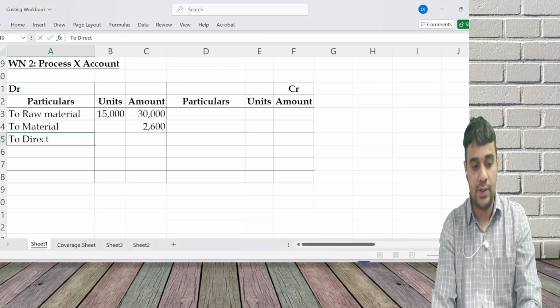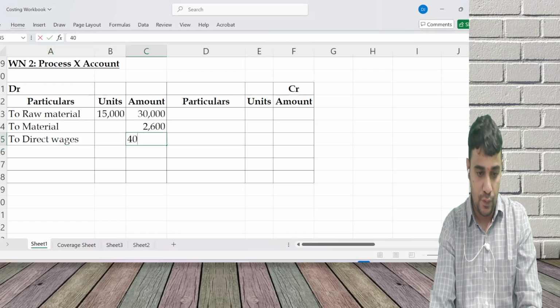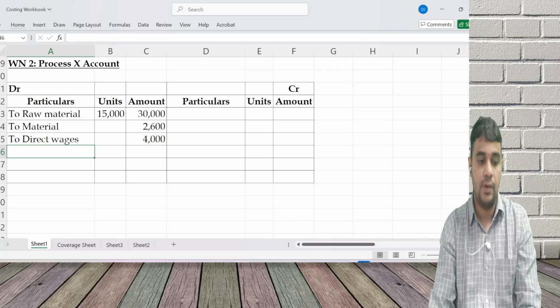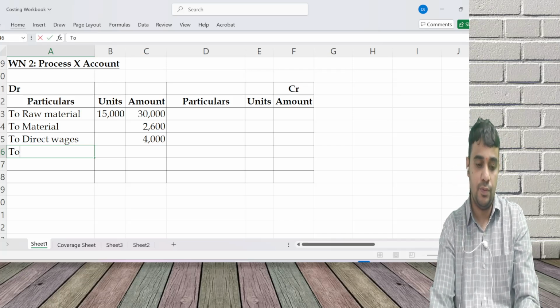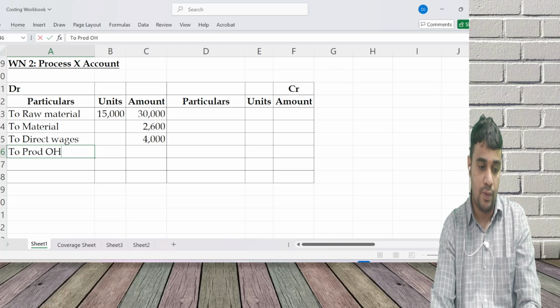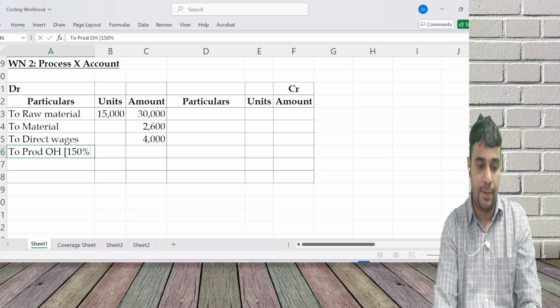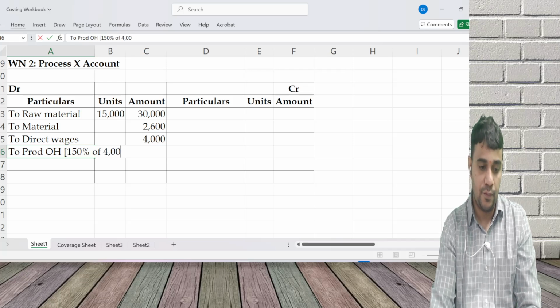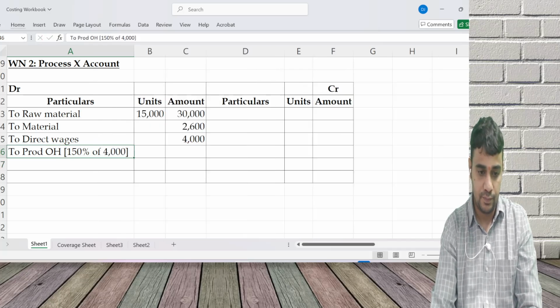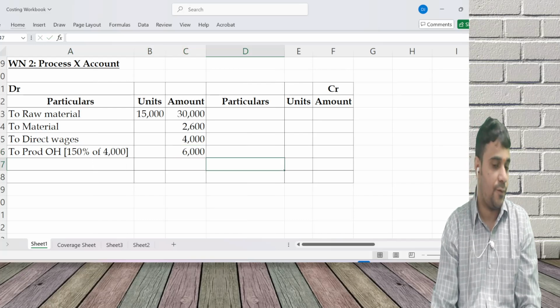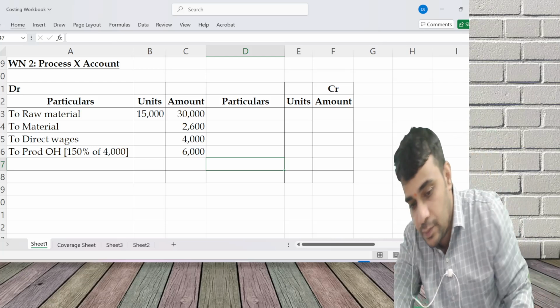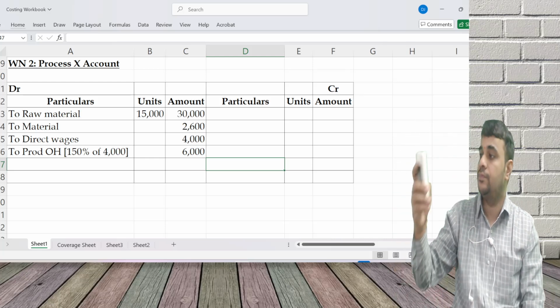To direct wages, 4,000. To production overhead, 150% of 4,000, that is 6,000.